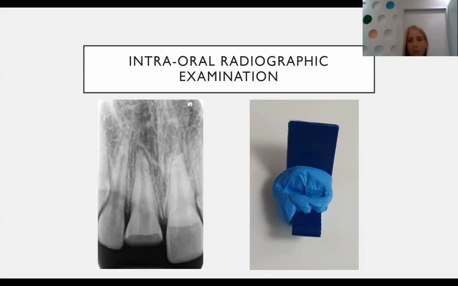So the radiographic findings for this patient included a complicated crown fracture of tooth number 1-1. There's an increase in the lamina dura width around the apex of number 1-1, possibly indicating a very mild luxation injury. It's a fully developed root length, but it still has quite a large apical opening.